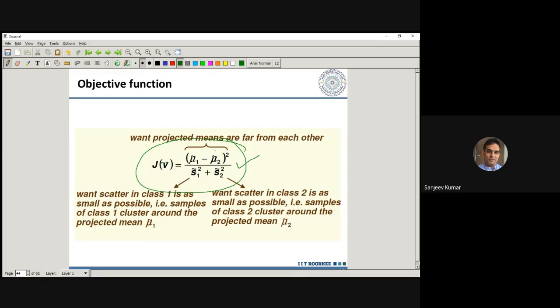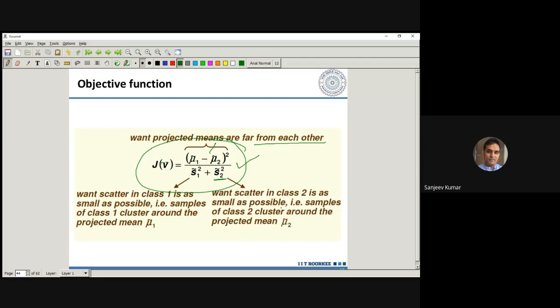Here the numerator is saying that the projected means are far from each other. S1 tilde square is saying that the scatter in class 1 is as small as possible, and similarly S2 tilde square says the scatter in class 2 is as small as possible.